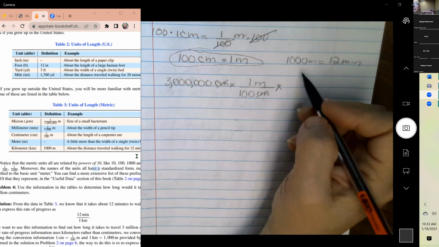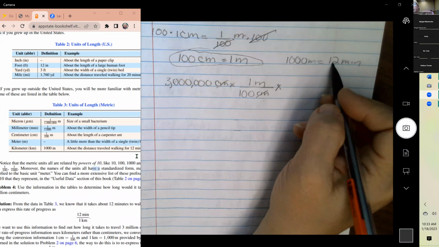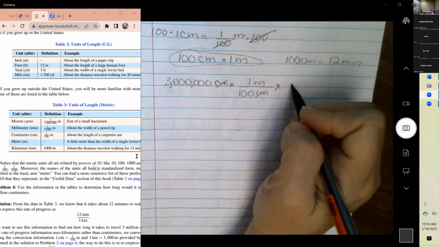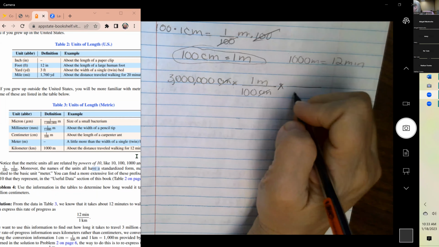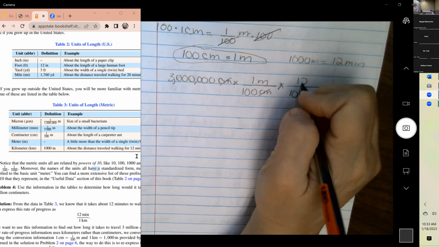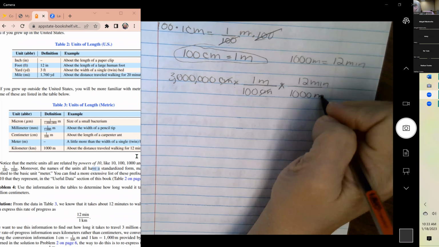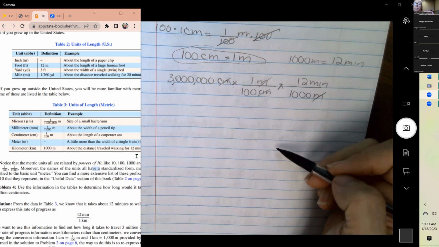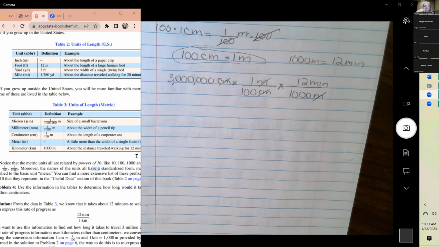Now, when I'm deciding which one of these to put on the top, I want to get rid of meters. This one's on top, so the other one needs to be on the bottom. Then my meters cancel and I'm left with minutes. Any questions on that?